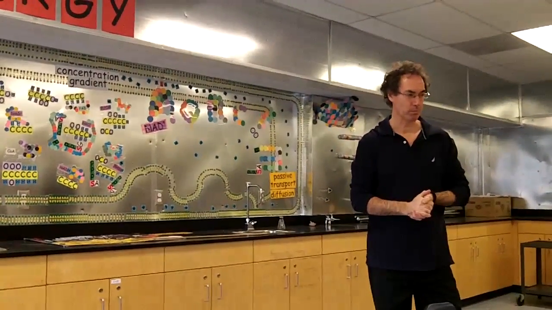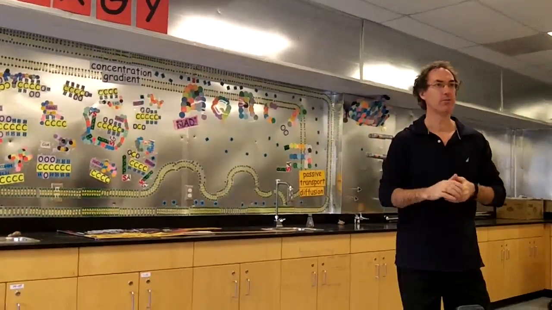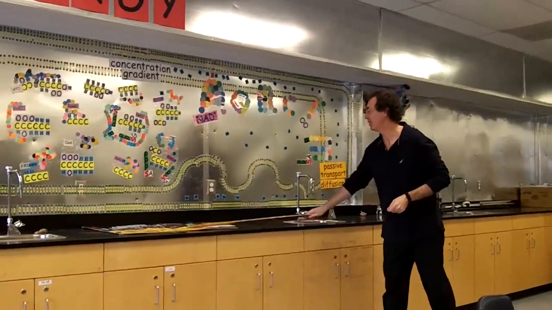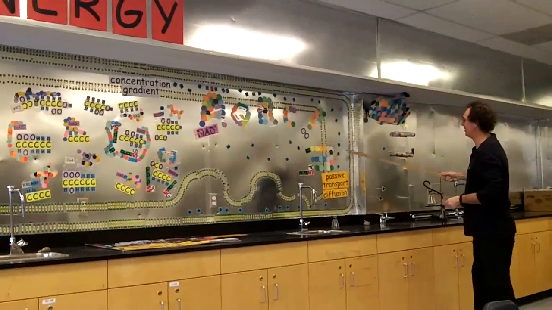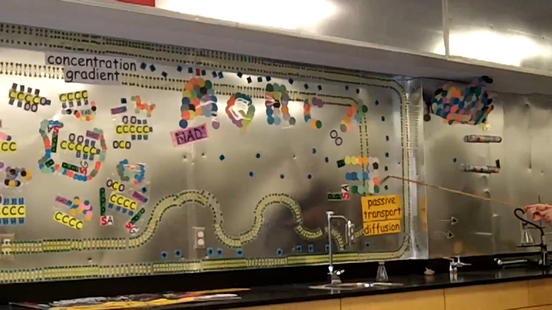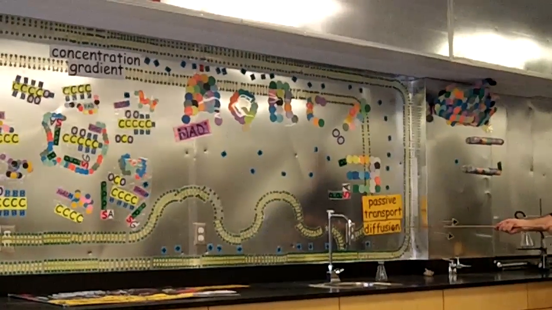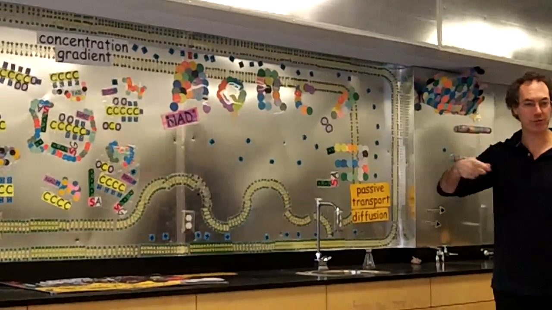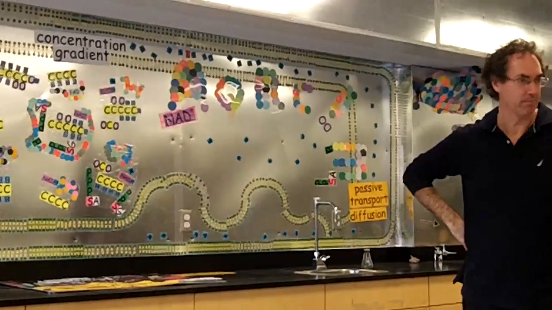Because it goes with the help of water. Good, so water is colliding. Is the movement of these protons, if we're describing that movement using this word, is the cell, or specifically the mitochondria, using energy for that to happen? No.